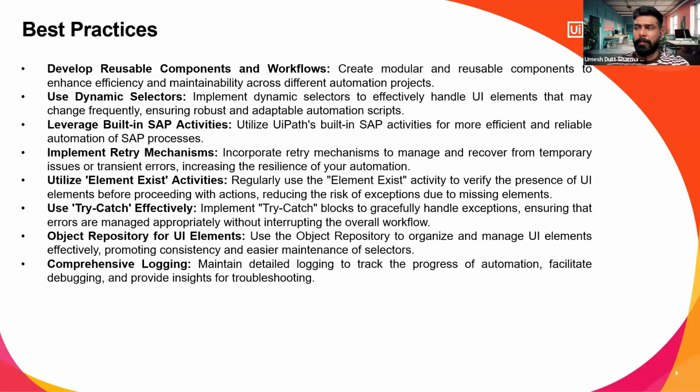There are some cases where it might not work if there are any major changes, but we should focus on making the selectors as dynamic as possible. We can also use a combination of fuzzy selectors, strict selectors, or maybe CV or image-based selectors. I'll show you in the demo how we can use dynamic selectors and a combination of the different technologies that are there.